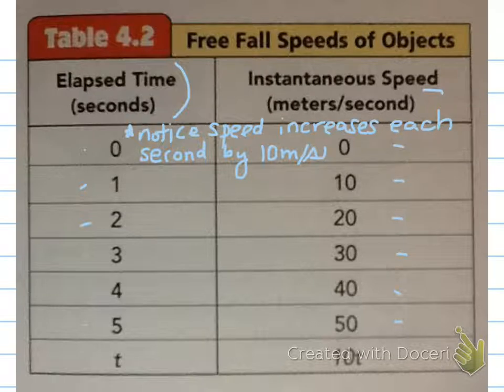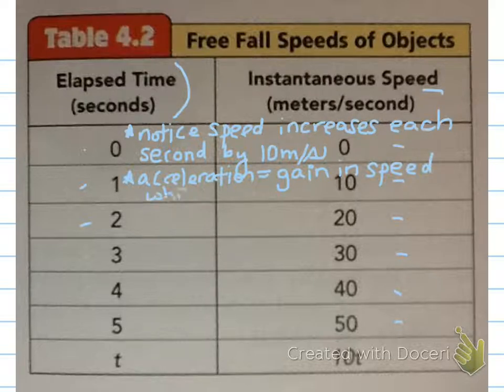So that's the first thing to notice. Another thing to notice about this is gravity is a form of acceleration. So we have acceleration here, which is a gain in our speed, which is 10 meters per second squared.